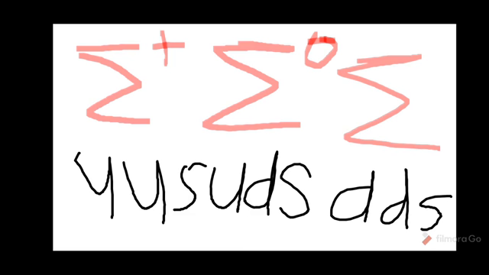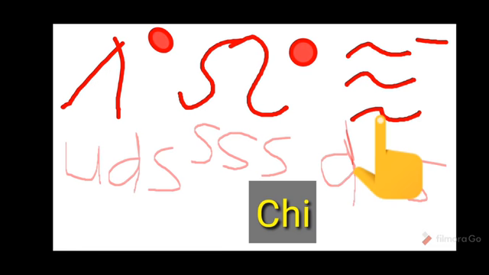Then we are also going to look at other types of hyperon, which are the lambda, then the omega, and the chi. This chi here, we can also call them cascades. Now if you look at the lambda neutral, it has an up quark, down quark, and strange quark.